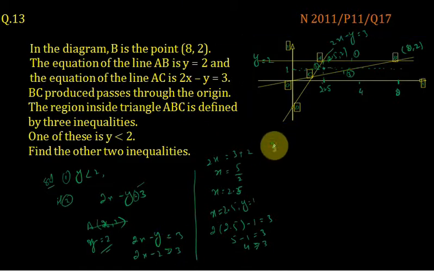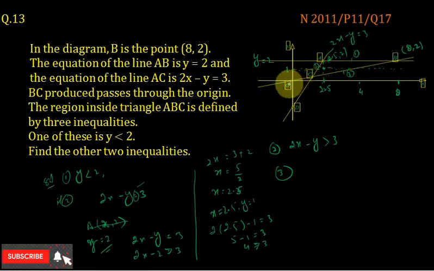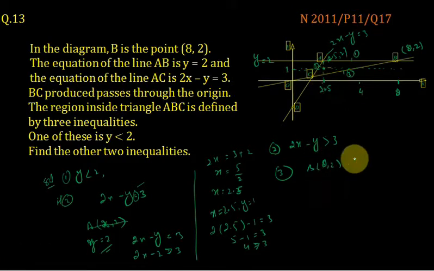So, the second inequality becomes 2x minus y is greater than 3, and the third one is the line OB. The point B is given as (8, 2), and the coordinate of O is (0, 0). We have to find the equation, because the equation of this line is not given. First we find the slope m, and the formula is y2 minus y1 upon x2 minus x1.